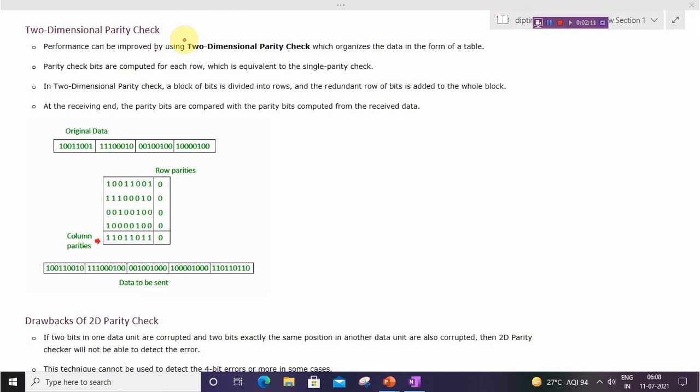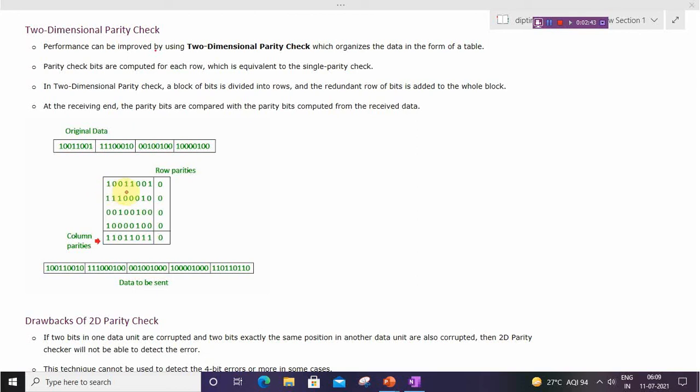At the receiving end, the parity bits are computed again and compared with the parity bits computed from the received data. So let us see an example. Here, this is the original data. The original data is divided into smaller data units. First we have to compute the parity bit for each row.